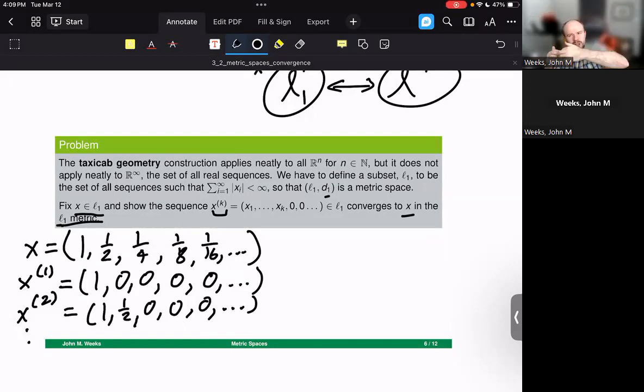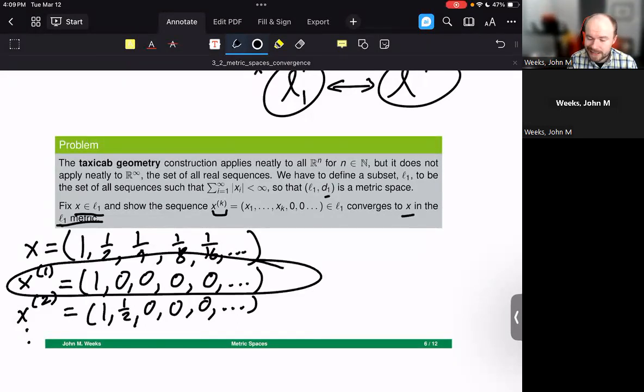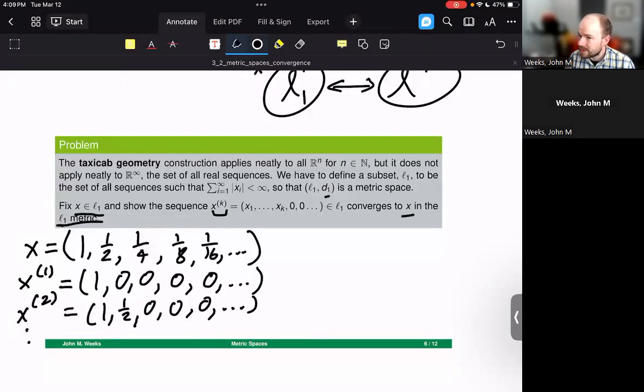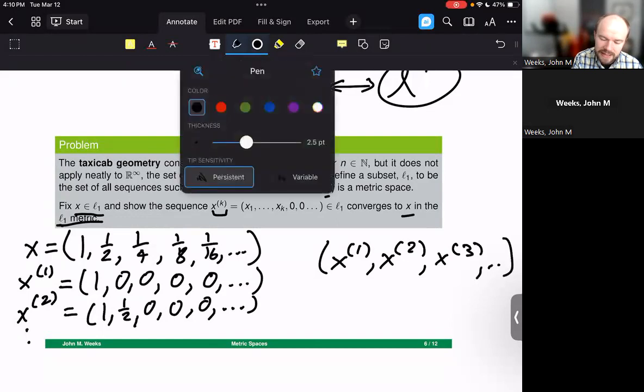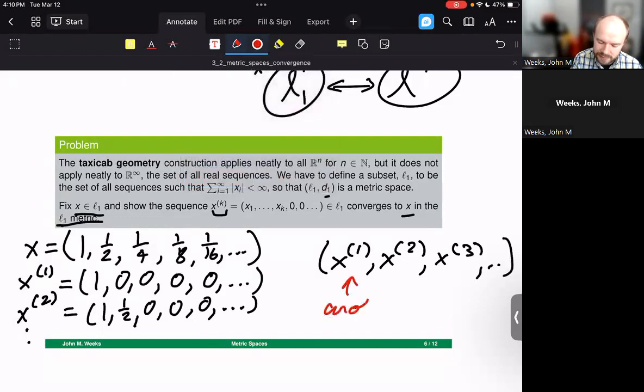In the previous one, we were looking at sequences and then subsequences of those sequences. This here is not a subsequence. That's not what I mean when I say a sequence of sequences. I mean that this is a sequence x1, x2, x3, where each element inside of this sequence is itself another sequence.